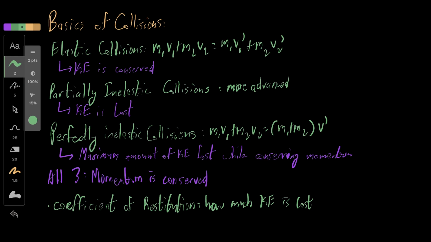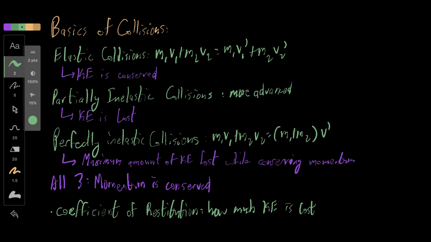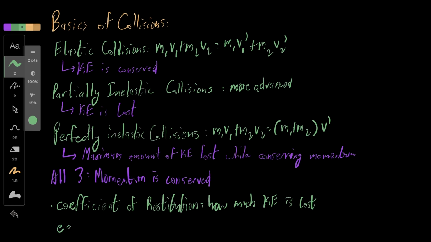And if it's equal to 0, it'll be perfectly inelastic. And the symbol is E. So if E is equal to 1, elastic; 0 is less than E is less than 1, you have partially inelastic; and E is equal to 0 gets you perfectly inelastic.